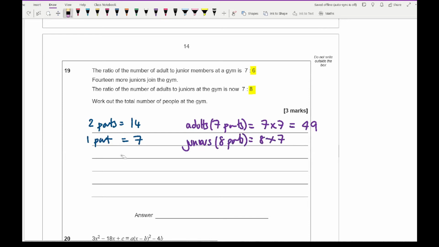And let me just make sure that looks like a times, not a plus. And we get 56. And so the total number of people at the gym is going to be those 2 numbers added together, which gives me an answer of 105.